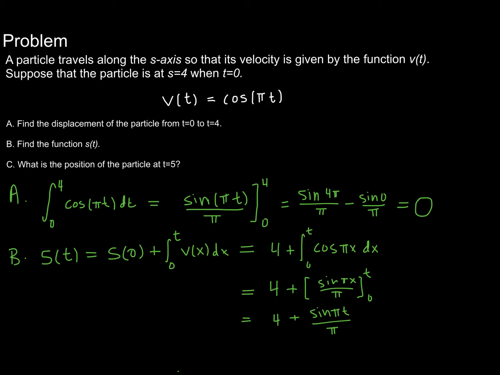So this will end up being a plus 0, and I'm done. This is my equation, my function for position. So I can rewrite my position function. S of t is going to be sine of pi t over pi plus 4.